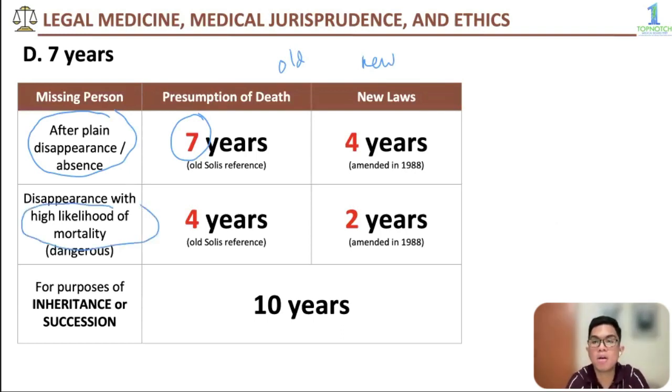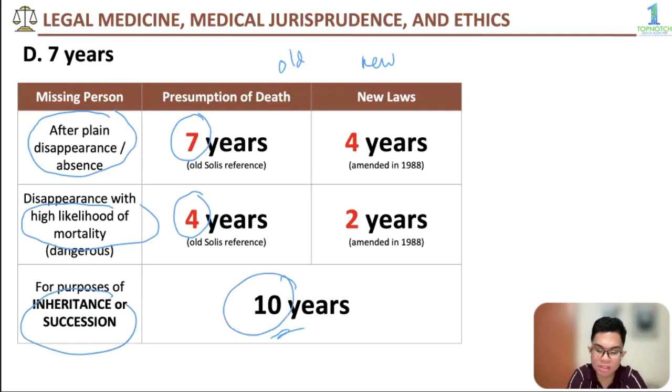If there's high likelihood or mortality, so there's a dangerous cause. So for example, on board a vessel or cruise ship or airplane, in the military, tapos namatay during war, or ito, si patient, mountain climber or hiker. So they're presumed dead after 4 years. However, pag usapang pamana or inheritance, it is still after 10 years. As in the new laws, it's subsequently shortened.